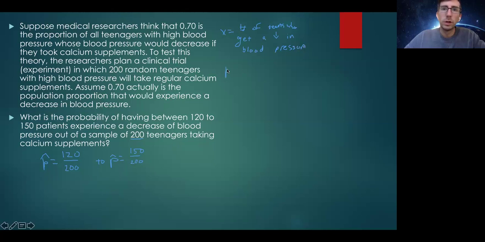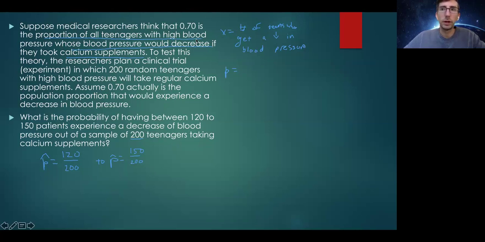And where did I get that from this problem? So 0.70 is the proportion of all teenagers who have high blood pressure whose blood pressure would decrease if they took this calcium supplement. So it's teens with high blood pressure already, who would get a decrease in their blood pressure if they took this calcium supplement.